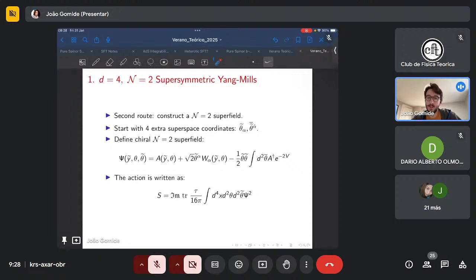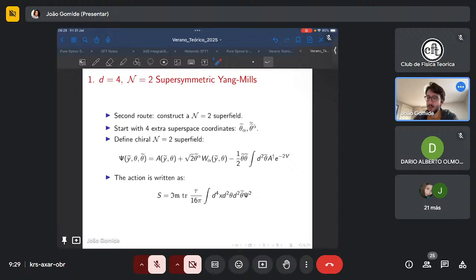The idea will be to generalize this notion to N=2 by introducing more coordinates in superspace and writing an action which depends on this superfield, and in which you perform this Berezin integration, or fermionic integration, over the superspace directions or coordinates. You don't have to worry a lot about the expressions, just the general idea that you can generalize the superspace prescription or the superspace intuition to N=2.